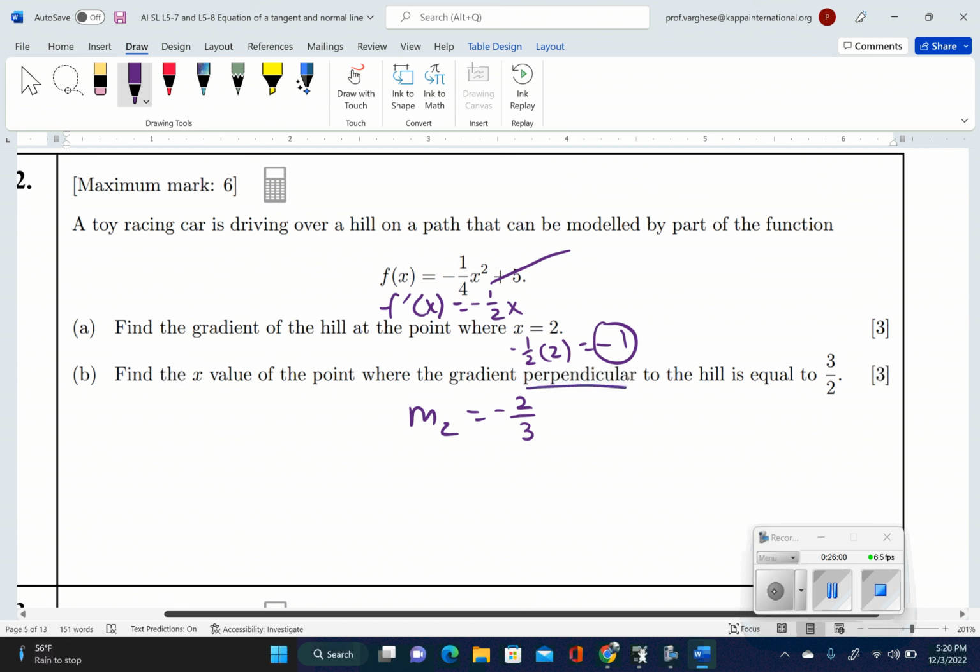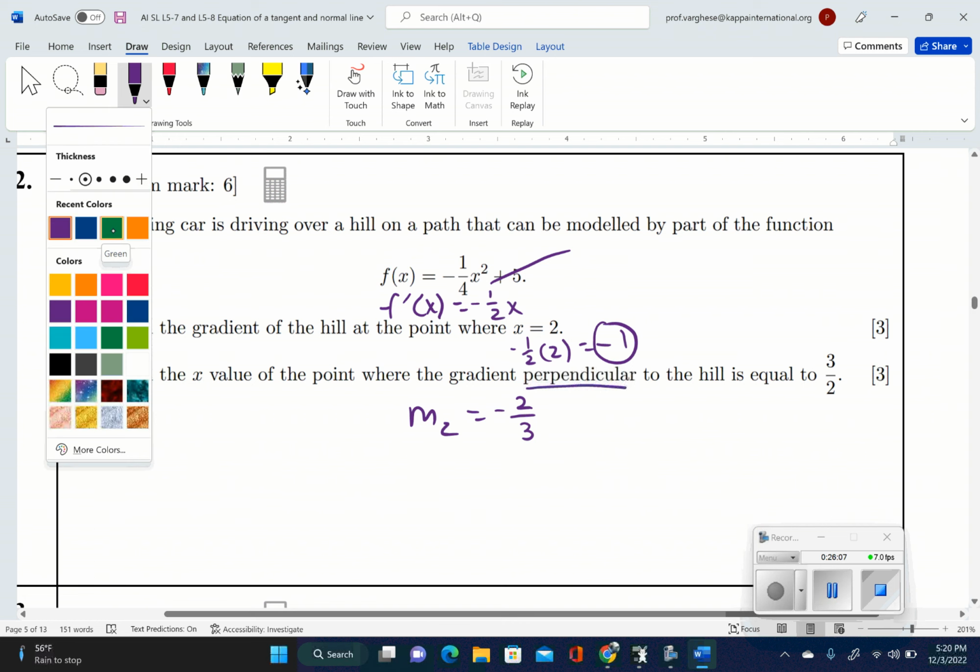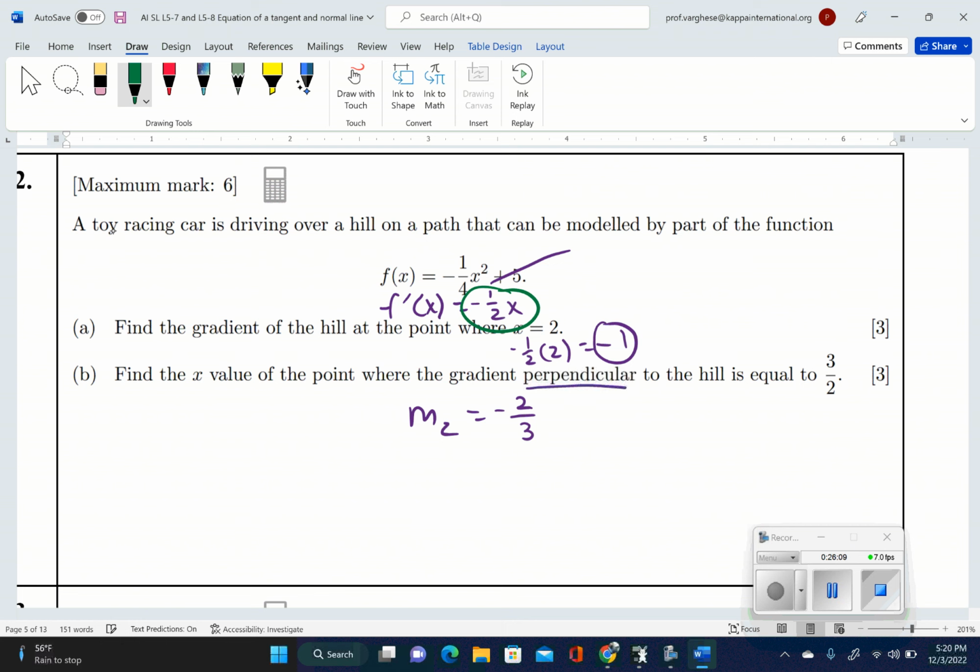All right, so now they are asking us to find the x value. We already know that the derivative is negative 1/2 x. So we're looking to find this x value when our slope is negative 2/3. I want to solve for x to get this.